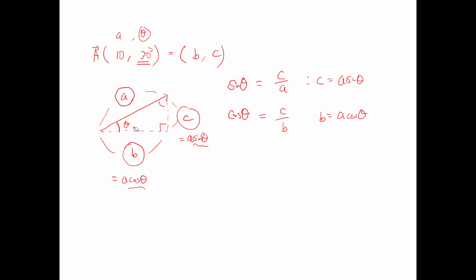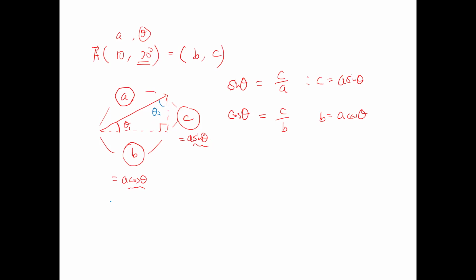Adjacent cosine, opposite sine. But let's assume this is theta 1. Our problem sometimes is that because this is a triangle, you always have two angles except the right angle. So this is your theta 2, for example. So what are B and C as a function of theta 2?